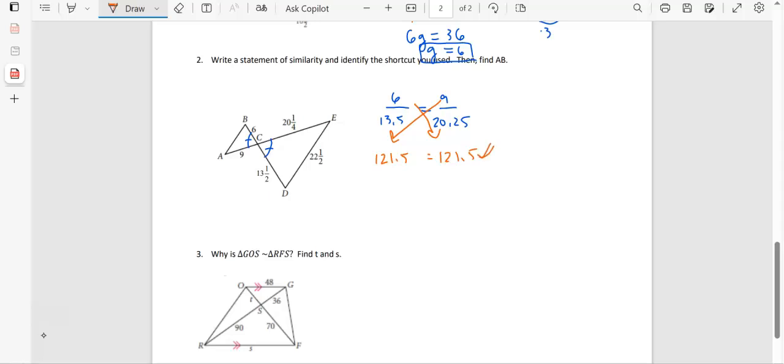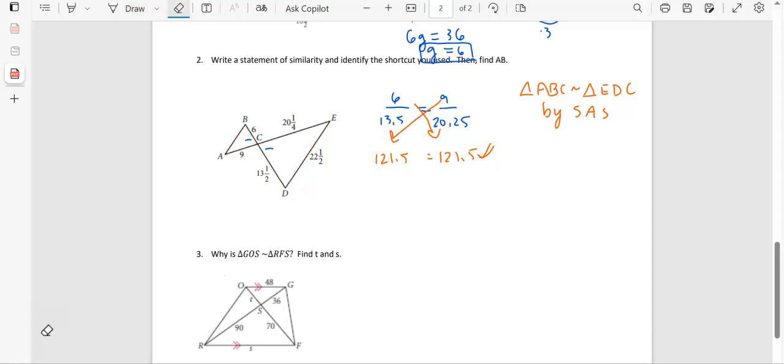So what I'm going to write is triangle ABC is similar to triangle EDC by side angle side.